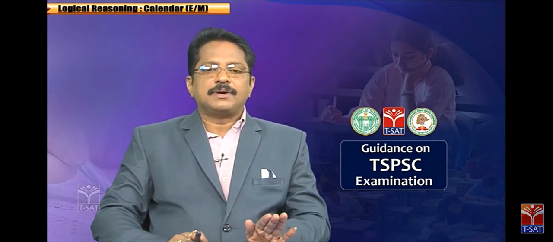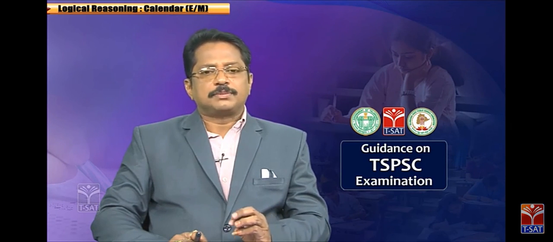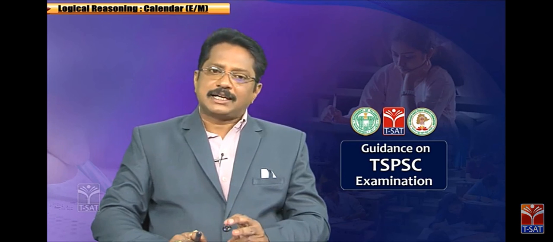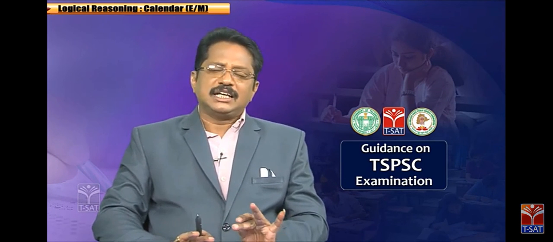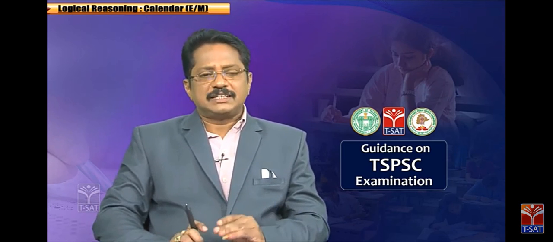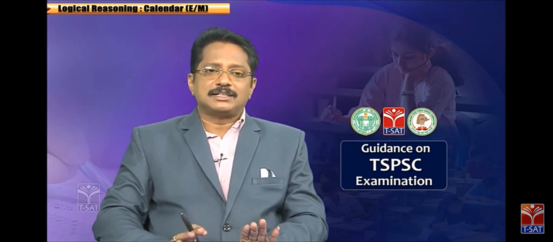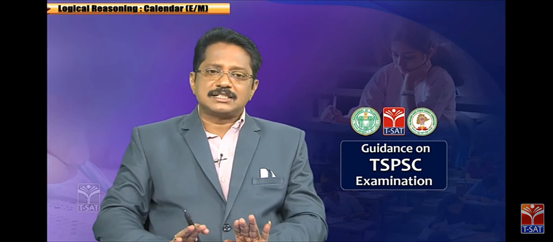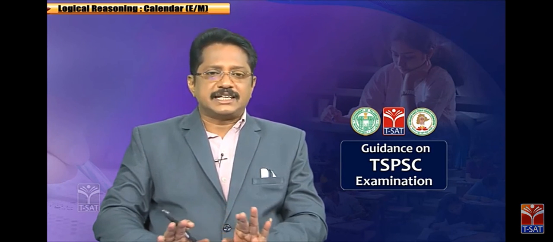So the very important thing is, generally we expect one question from the calendar in the preliminary examination. If you follow this method, you can answer any kind of question they ask on the calendar concept. So you have to remember the codes of months, codes of centuries and codes of dates. Clear?